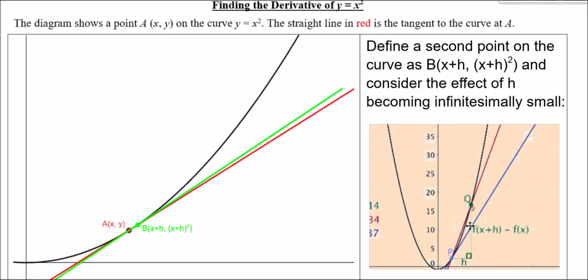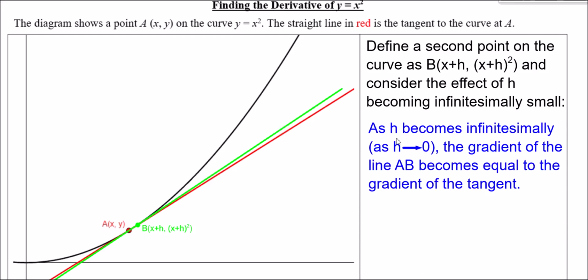Look what happens when Q gets closer to P. The red line becomes the same as the blue line. So the gradient of a tangent is the same as the gradient of PQ when Q becomes P, when h shrinks down to 0. So as h becomes smaller and smaller, close to 0, the gradient becomes equal to the tangent.